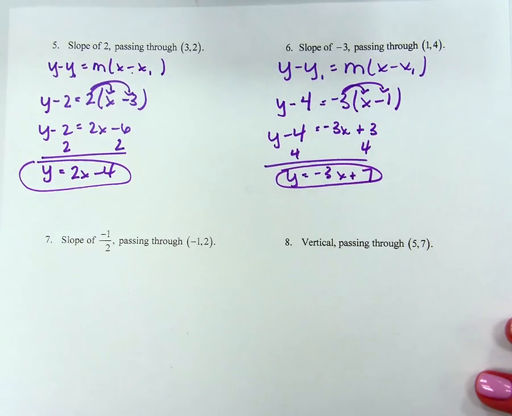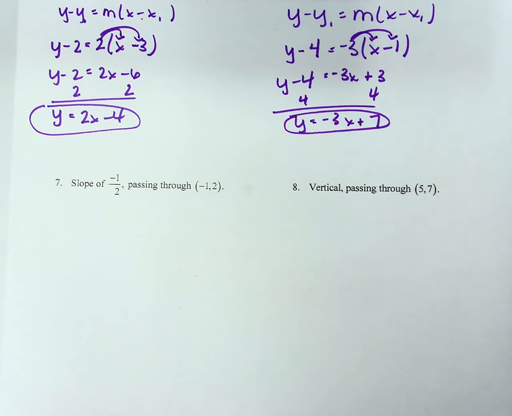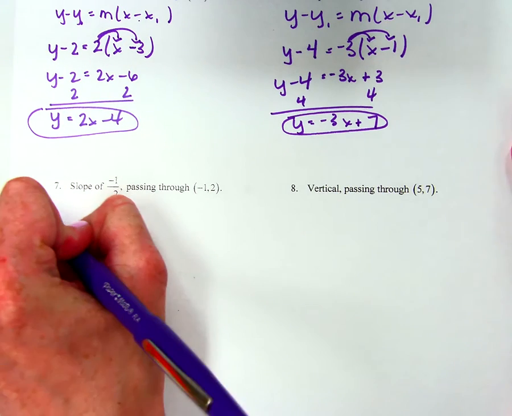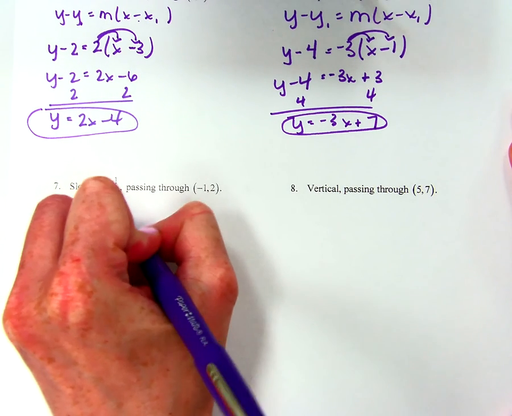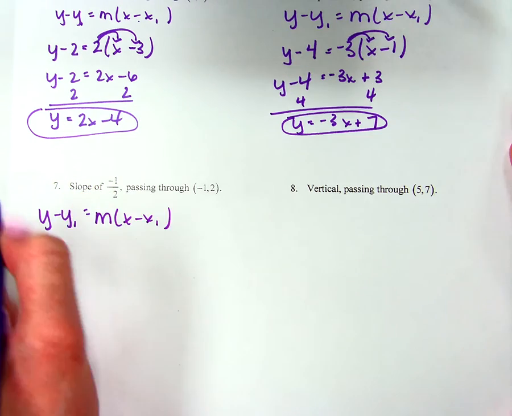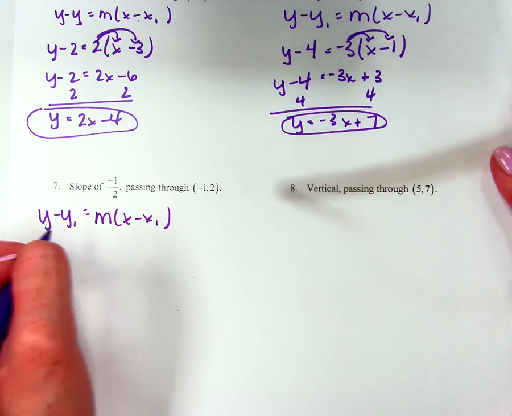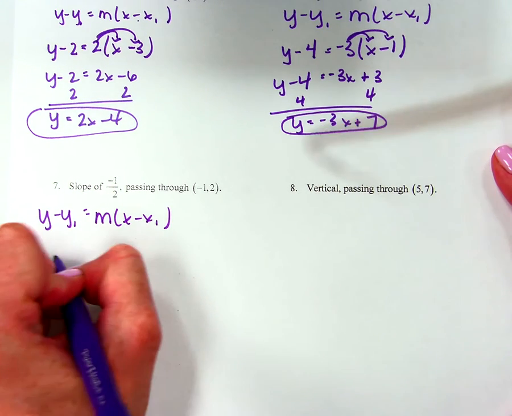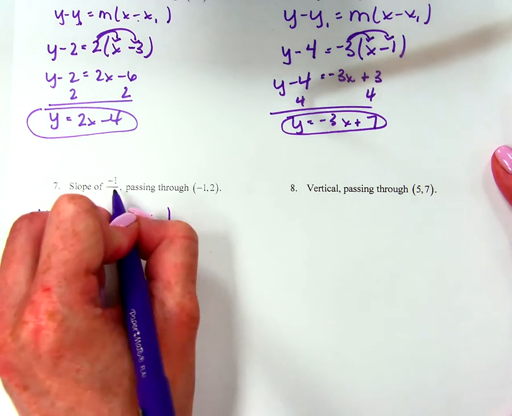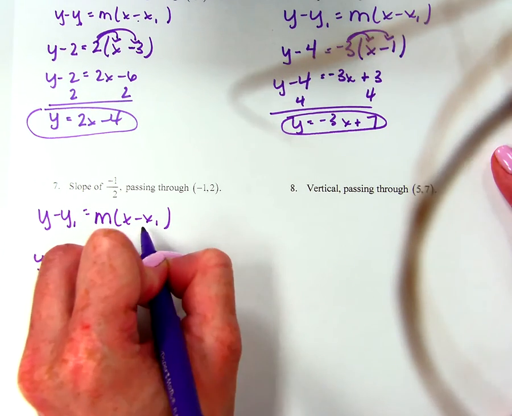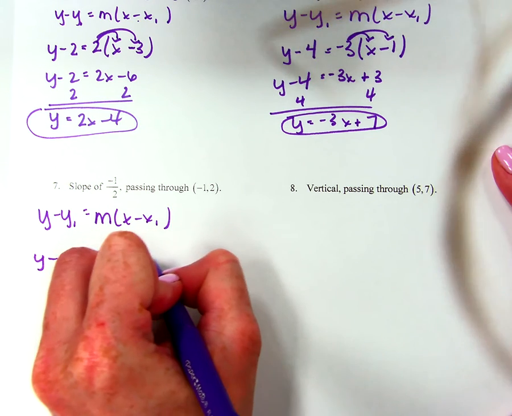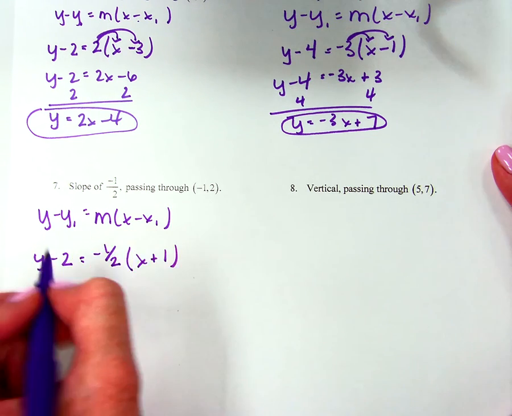And then the last two I have here. Number 7 gives me a slope and a point again. So same equation, y minus y sub 1 equals m times x minus x sub 1. Substituting those values in again: y minus 2 equals, my slope is negative 1/2, times x minus a negative 1, so that's x plus 1.